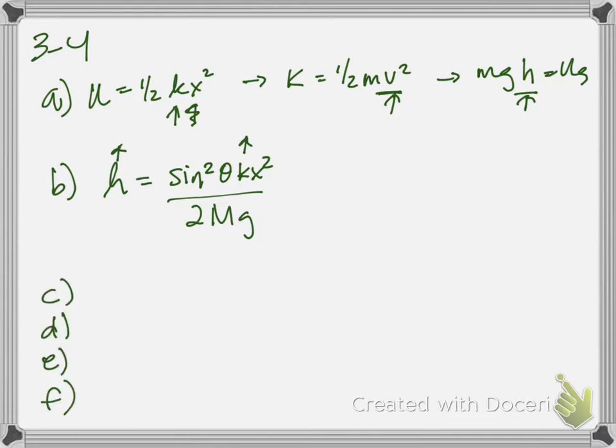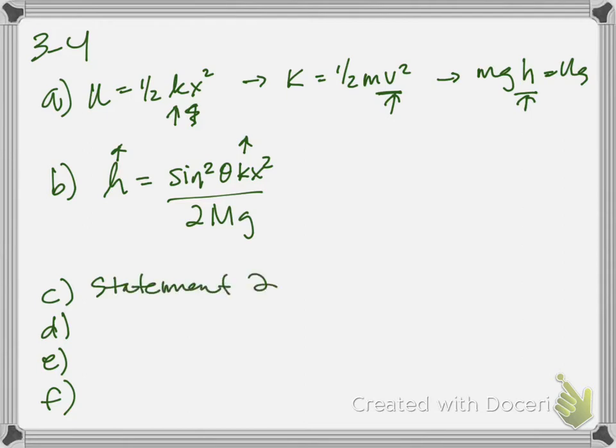So for part C, D, E, and F, we have student 1 and student 2 with their 2 statements. Student 1 says the speed of the block at its maximum height is 0 because the kinetic energy is a minimum at the top of the trajectory. Well, the kinetic energy is certainly at a minimum at the top of the trajectory. So statement 2 is correct.